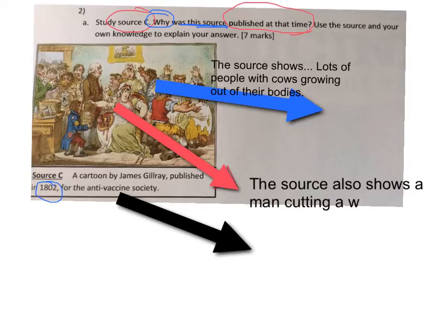What's the next thing that we can see in the source? Well, we said something else we see is the source also shows a man cutting a woman's arm with a knife.